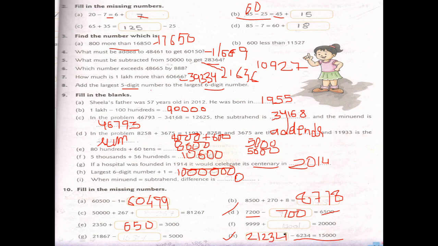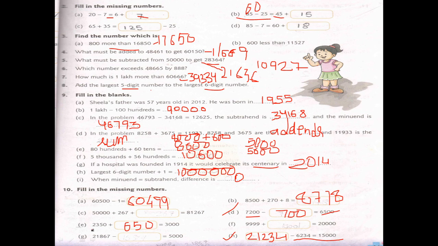What are the three types of questions you have? As you are looking in the D part, when you have to find the smallest number, in that case always subtract the difference from the greatest number. In the next type of question, when you have to find the greatest number, you are adding the subtrahend and the difference.